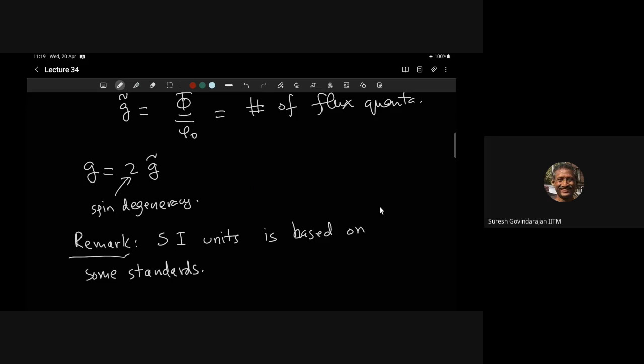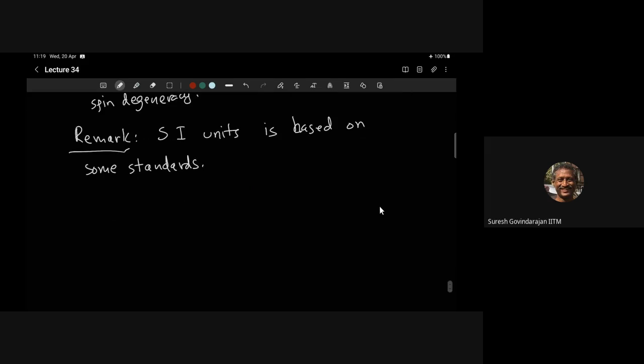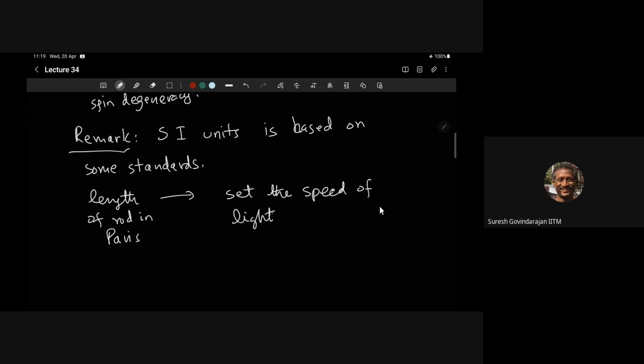So for instance, the length of a rod in Paris, I guess, was replaced by you fix the speed of light to a particular value.